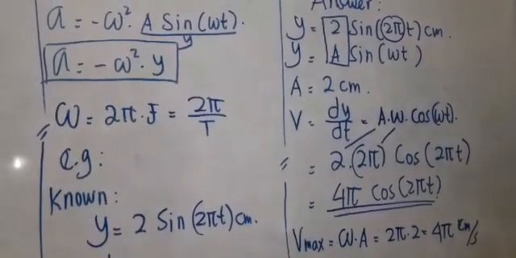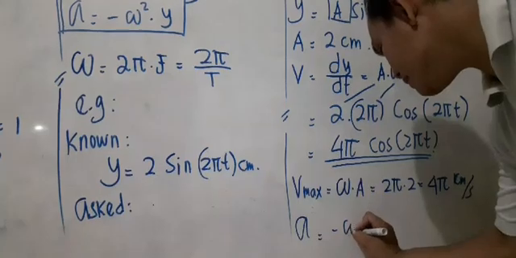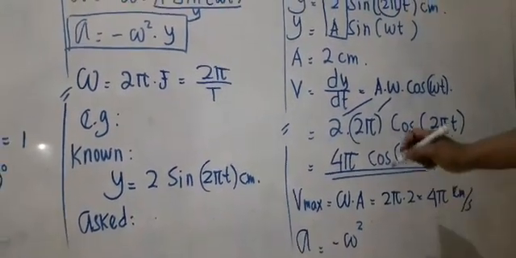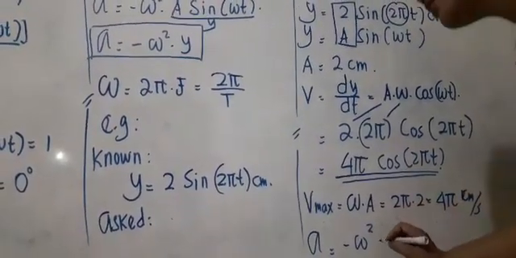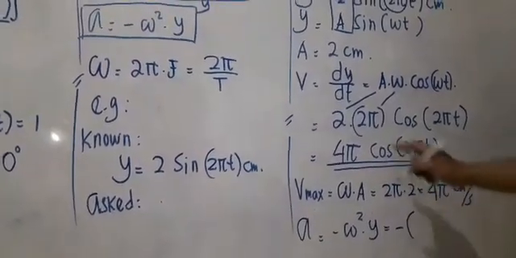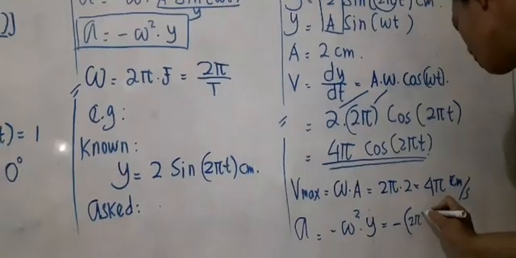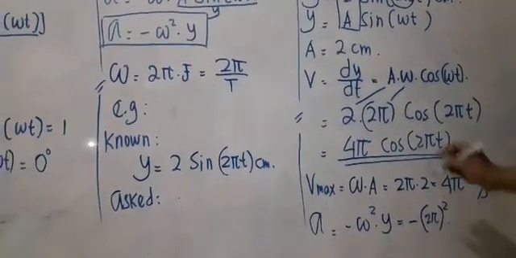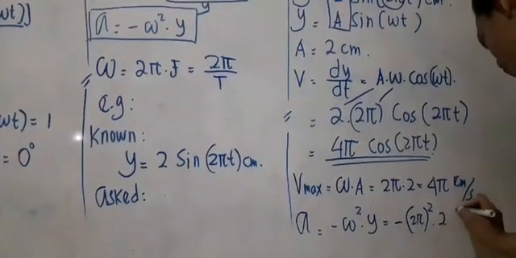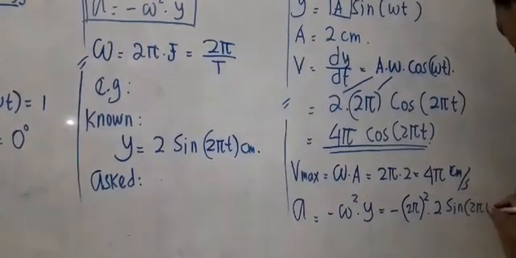And the next is the acceleration. The acceleration is minus omega squared times y. It means minus (2 pi) squared times y. y is A sin omega t, or 2 sin 2 pi t.